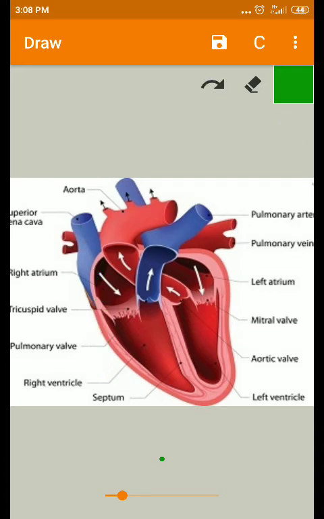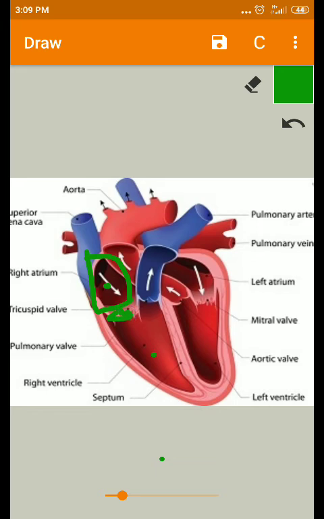When the right atrium contracts, the blood present in the right atrium goes into the right ventricle through the right atrioventricular orifice, that is the tricuspid valve.